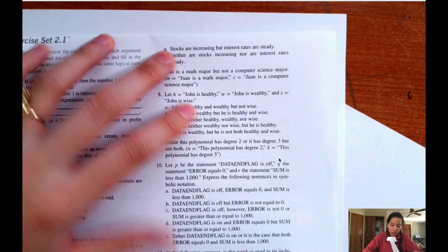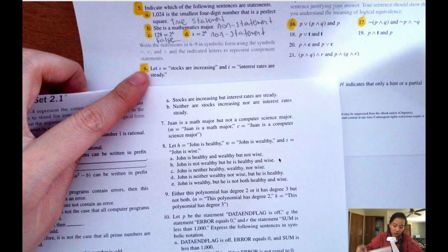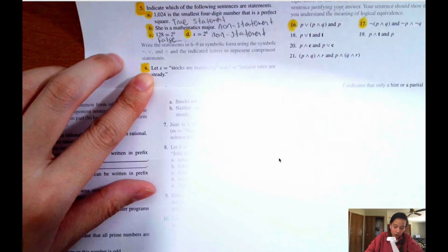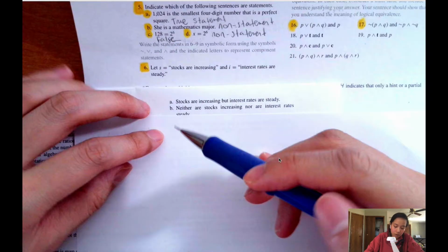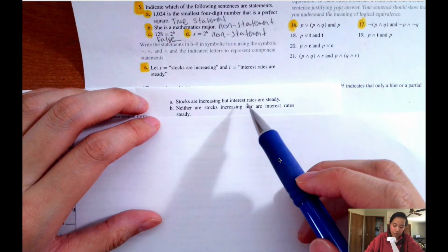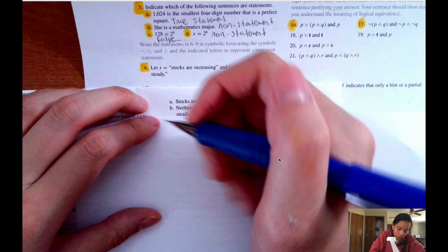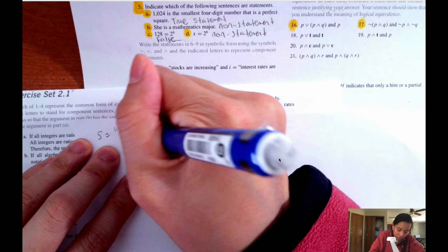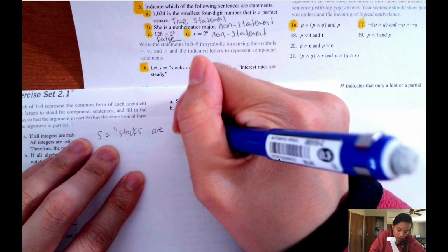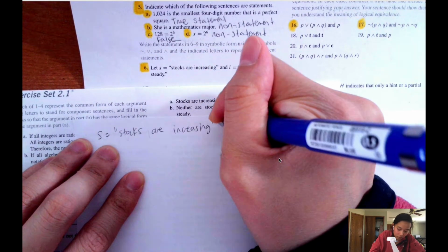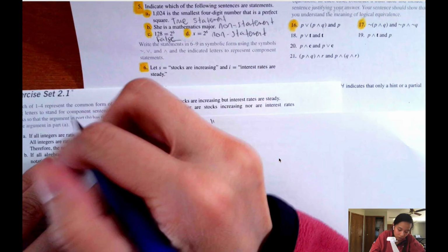So A says stocks are increasing, but interest rates are steady. So we know that S equals stocks are increasing. And I equals interest rates are steady.